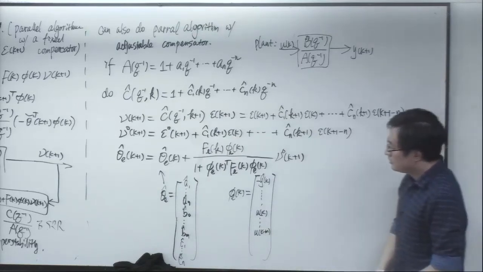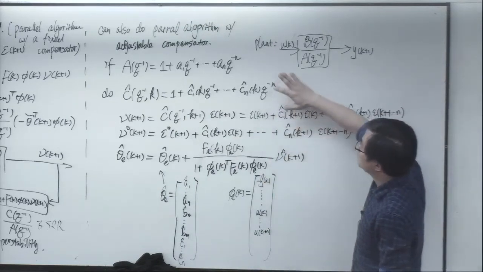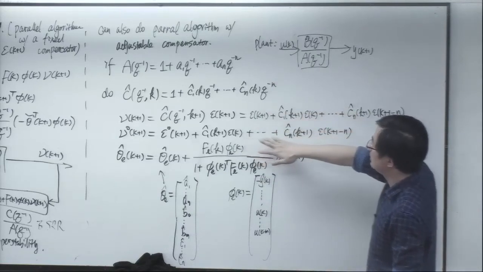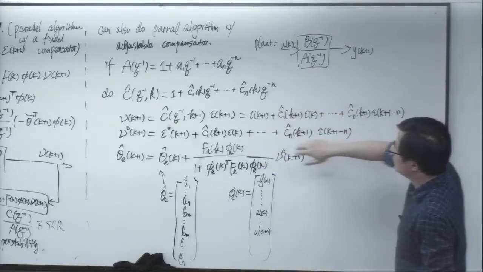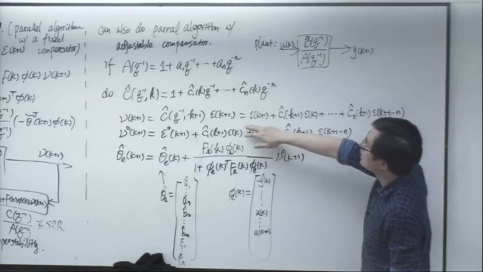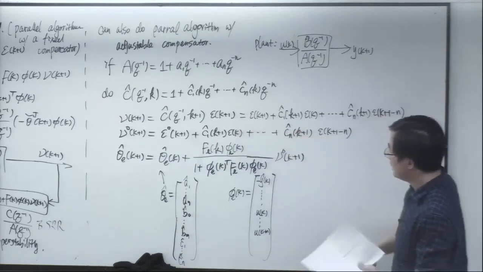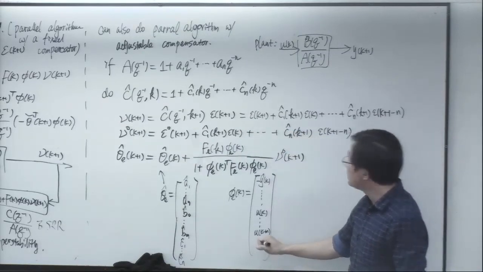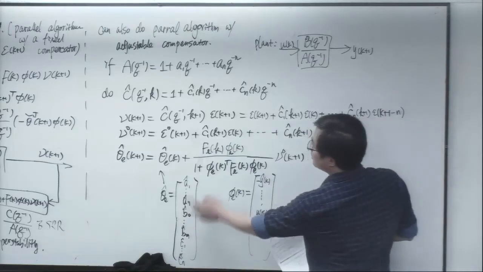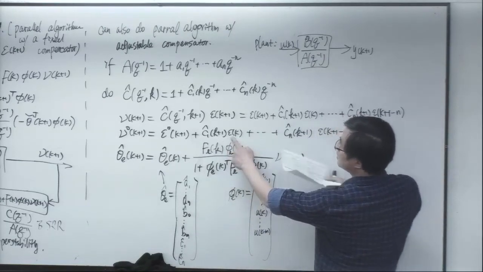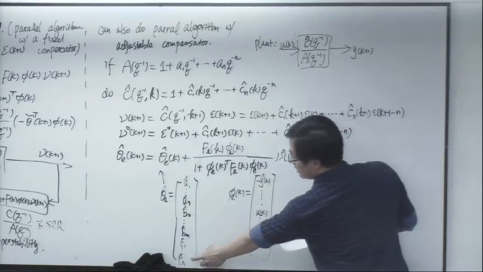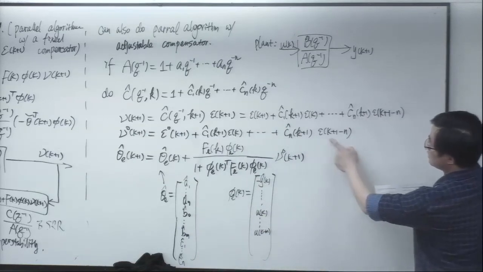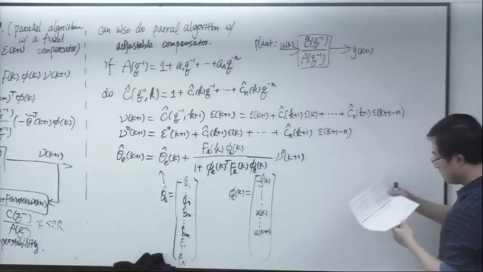In here, we need to somehow incorporate, look at this regressor adaptation arrow nu over here. It turns out we need to include C1 multiplying with epsilon k, and Cn multiplied with epsilon k plus 1 minus n.